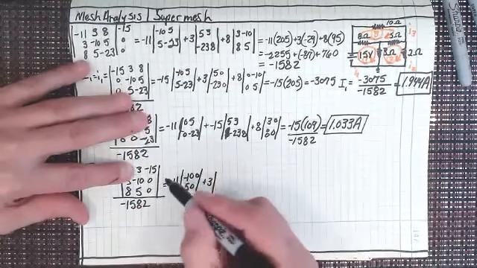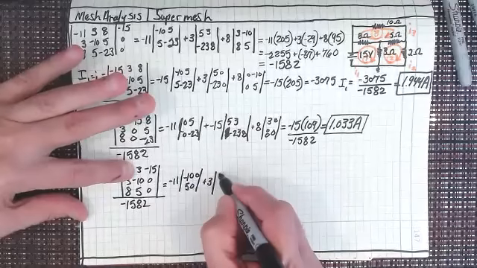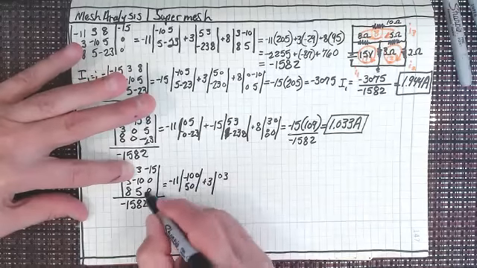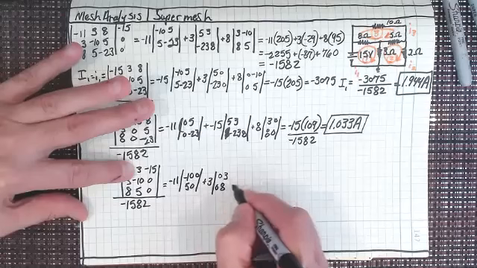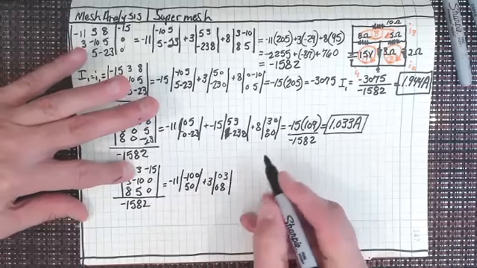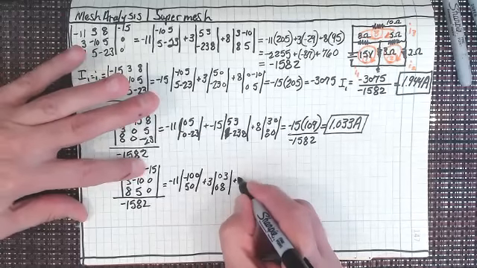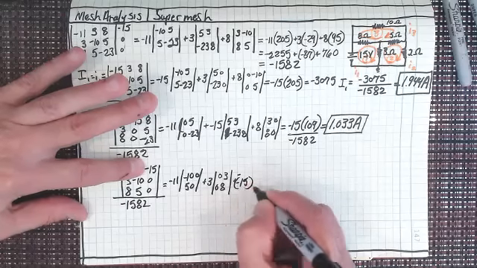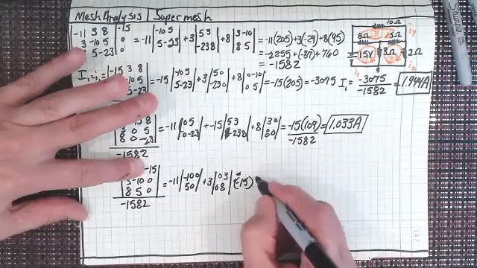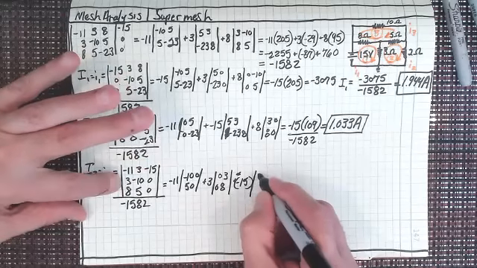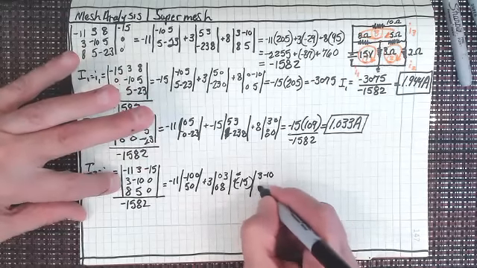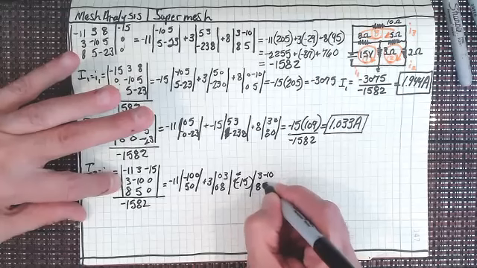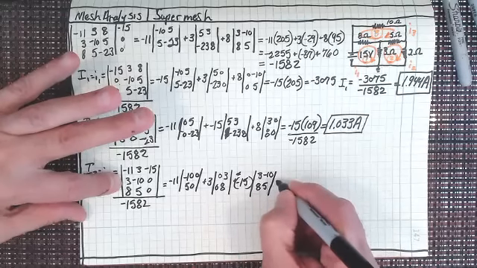And then that's going to be 0, 3, and then 0, 8, right? Which also is going to go to 0. Plus minus 15, right, times 3, minus 10, 8, and 5, right?